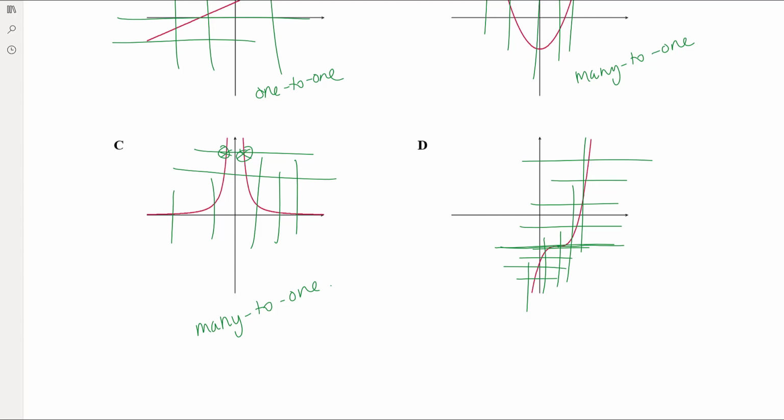If we were to imagine zooming in, it's going to be still very, very slightly sloped, moment of zero gradient, then it starts to slope the other way, so we're still going to pass our horizontal line test. Okay, so this one is a one-to-one function. So therefore, A and D are one-to-one functions.